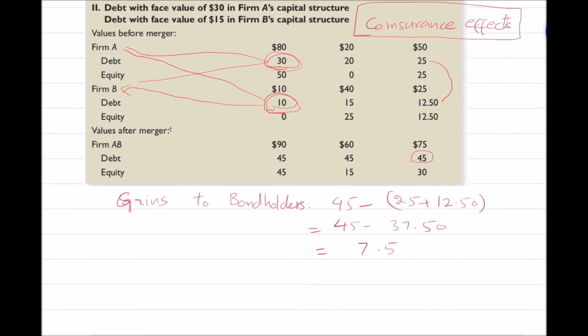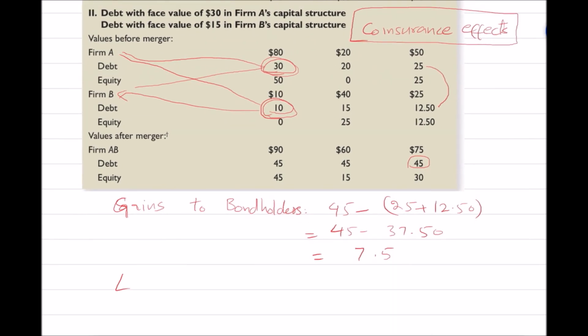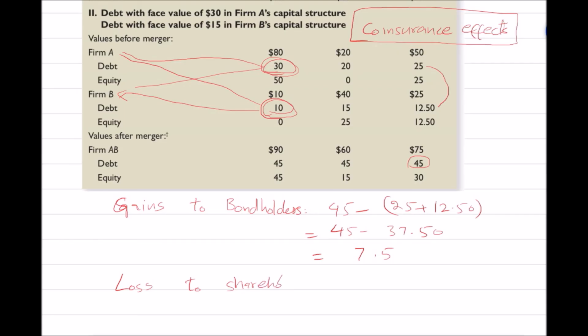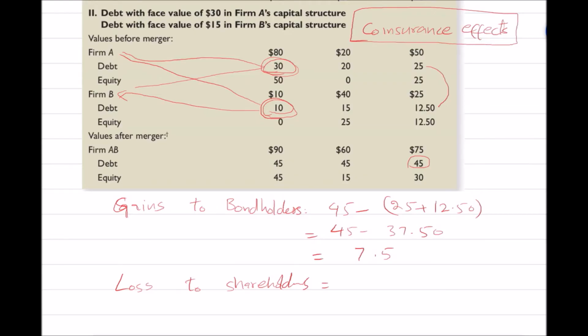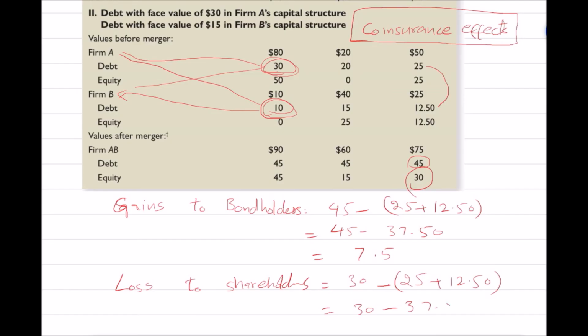Similarly, you can calculate loss to shareholders. So total loss will be, now the shareholders can get 30 minus 25 plus 12.50, which is $7.5.